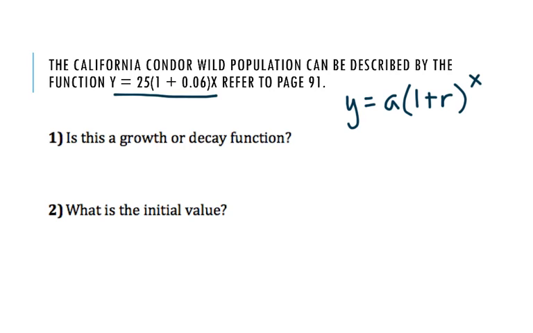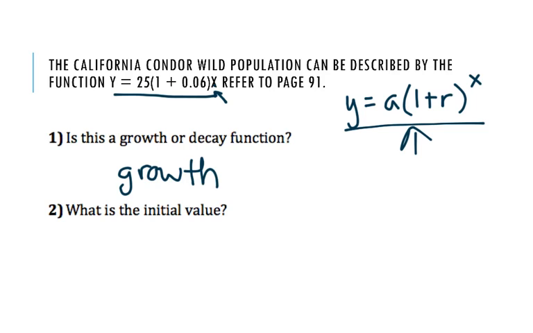Now I know this x doesn't look like it's being raised to a power here, but that should be an exponent of x. So, in this situation, is this a growth or decay function? Well, since we have it in this exponential growth form, we know it is growth. The key here is that we're taking 1 and adding the 0.06.